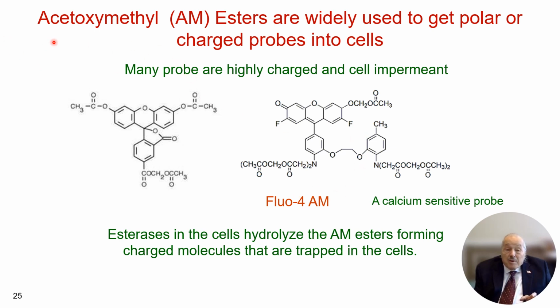The permeant ones are the acetoxymethyl esters shown here. So they're nonpolar. They go across the cell membrane, and when they go into the cell, they are hydrolyzed by esterases in cells. And actually, esterases are pretty chemically stable. It's hard to hydrolyze an esterase if you have one. I've looked up methods to do it, and it's pretty difficult.